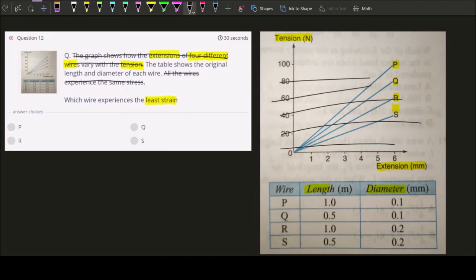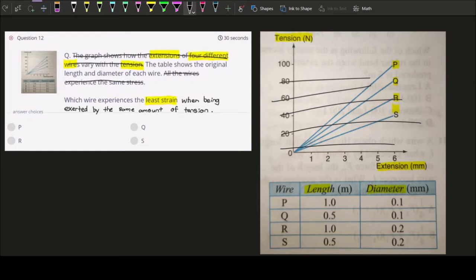Now we have this sentence, but I want to add something: which wire experiences the least strain when being exerted by the same amount of tension? Same amount of tension.